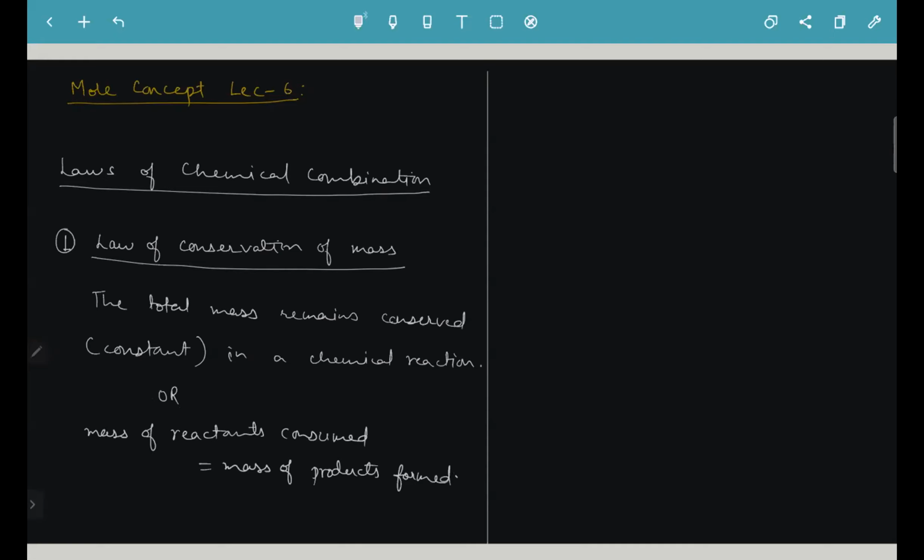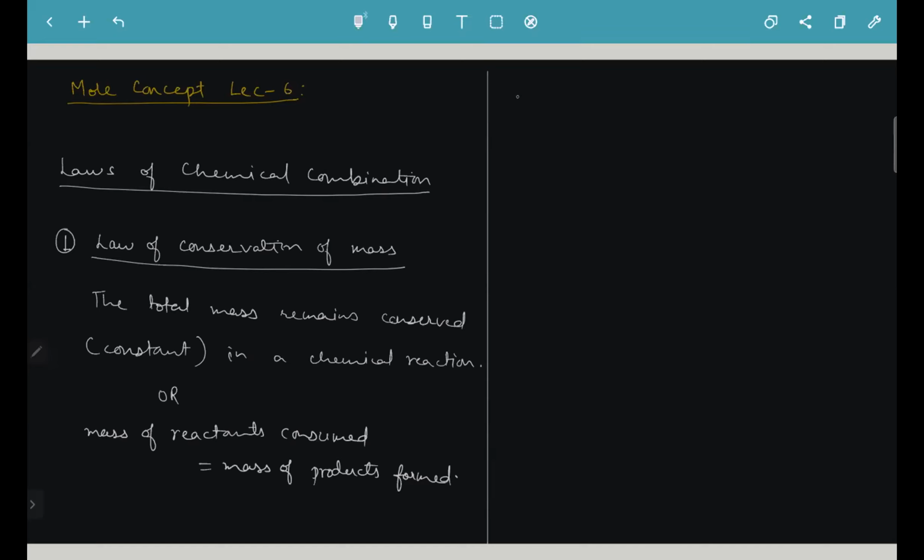It also implies that atoms are conserved in a chemical reaction. Number of atoms of any element reacted is equal to the number of atoms of that element produced. Atoms retain their identity in a chemical reaction. No existing atom is destroyed, no new atom is produced.